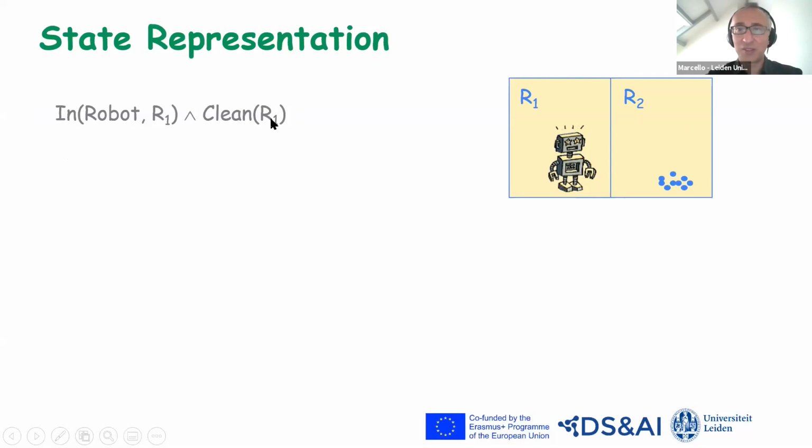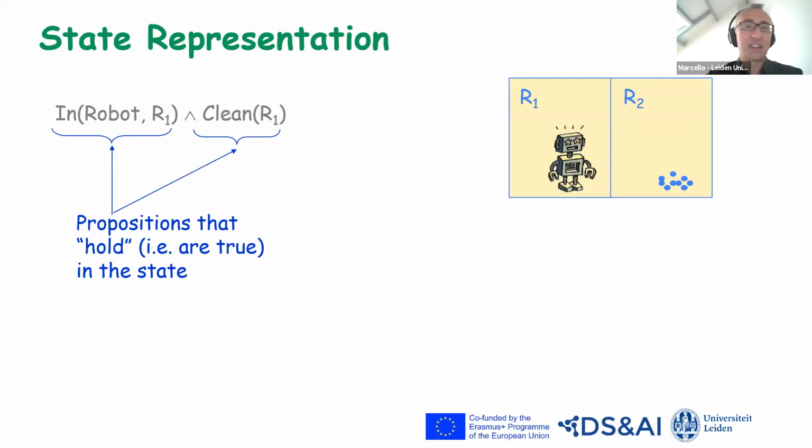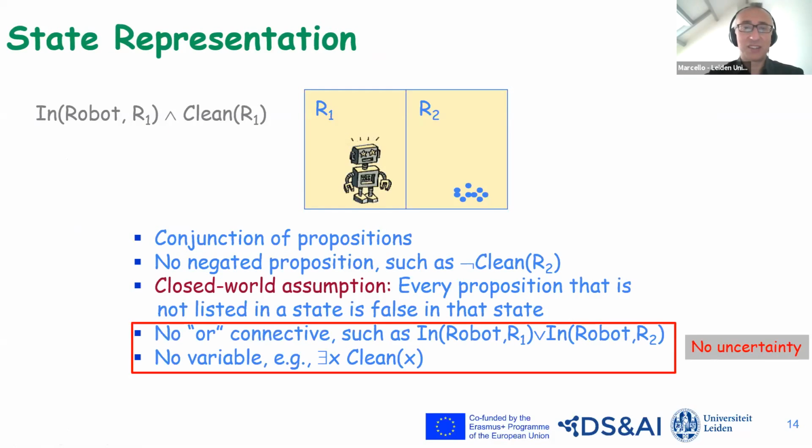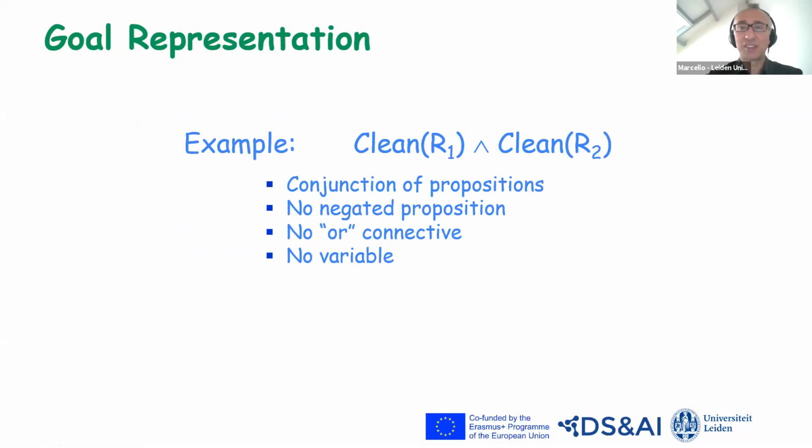So this is the situation as now. And then, okay, that's basically all that you have to say. There is nothing more. So there is no uncertainty in this language. And this is the goal, what you want to do, you want to clean both rooms.